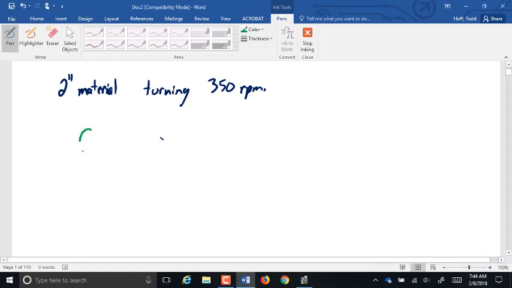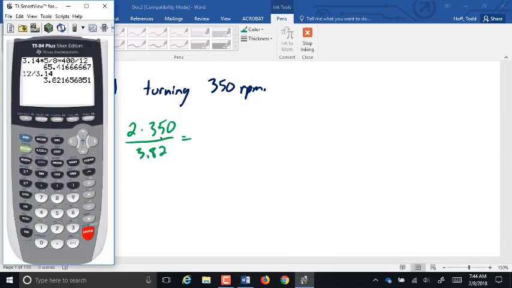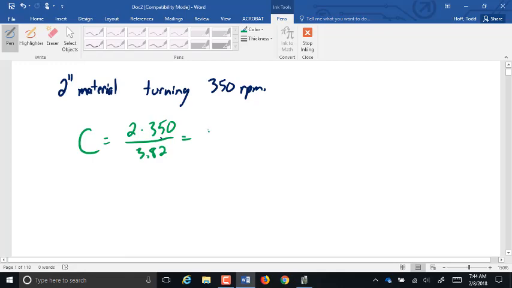So our cutting speed, I'm just going to go ahead and use the shortcut. We've got the 2-inch diameter times 350 RPM over 3.82. That's it, 183.25 feet per minute.